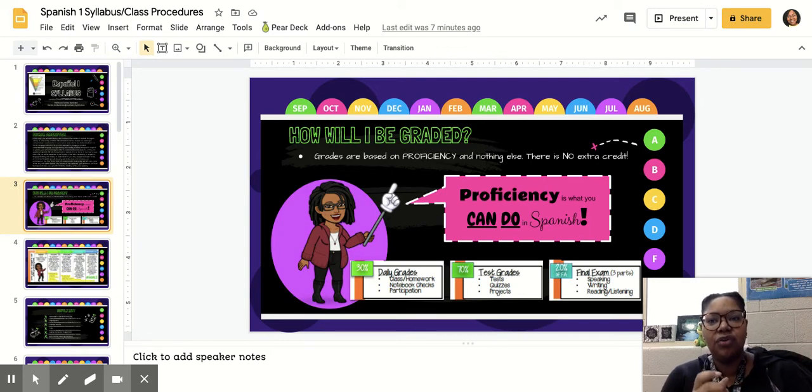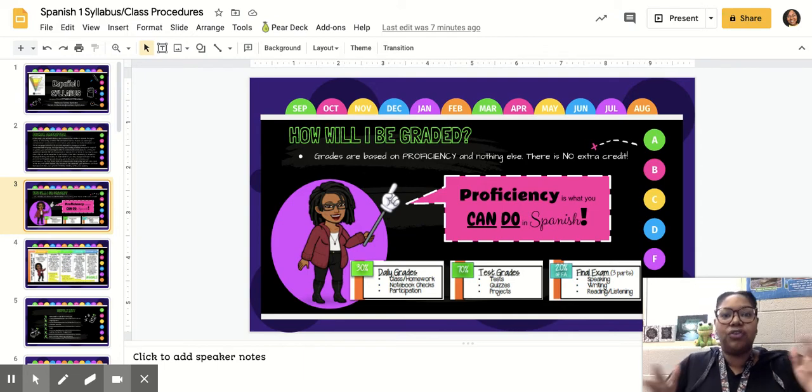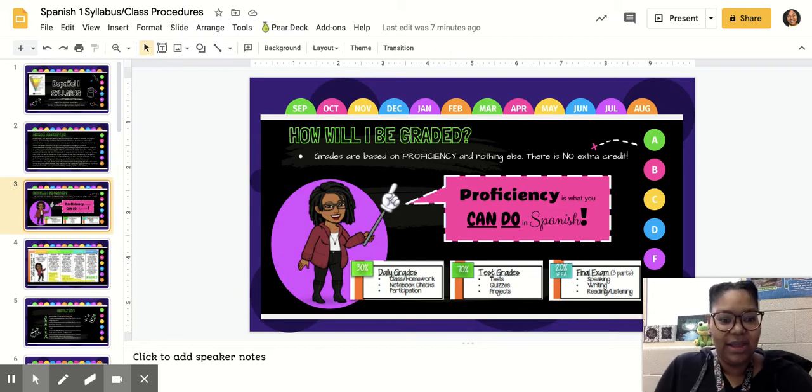You do your research, and it's information that you are learning in English because you're not at the level where you can learn that in Spanish yet. Another project could be a speaking presentation, because we do have speaking grades. We have writing grades where you'll have to write a short essay. In Spanish 1, an essay would be a paragraph, 7, 8, 9 sentences. Okay, those are your test grades.